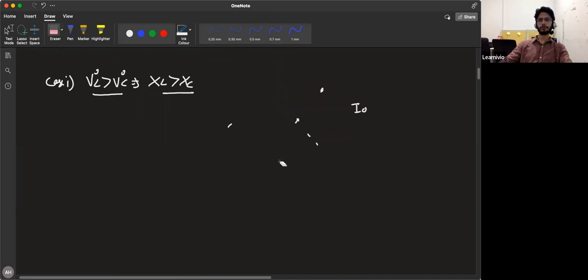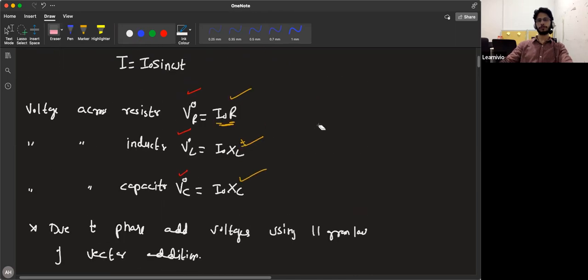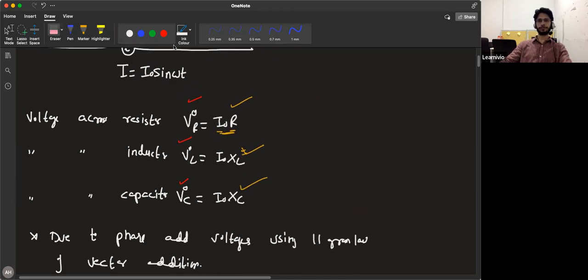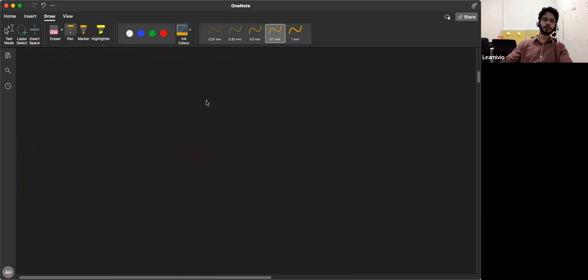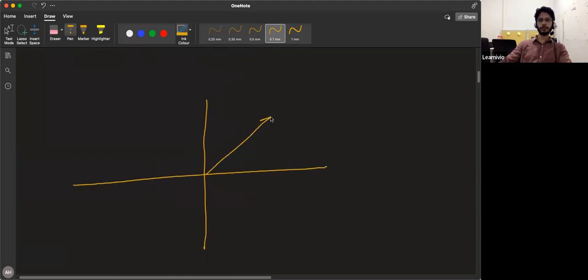Yes, you can. So let's draw the phasor diagram. This is the current, which is I naught.